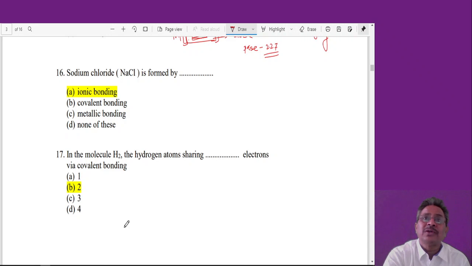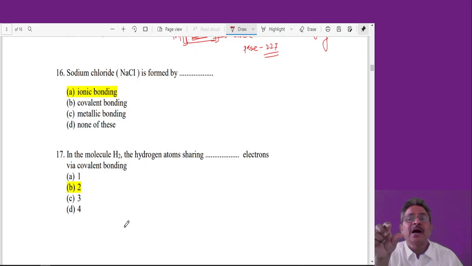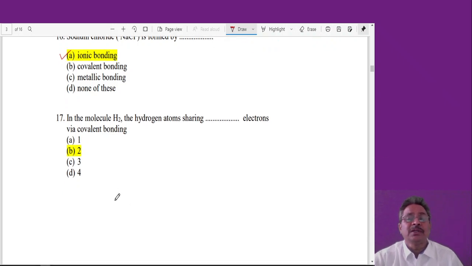Now, one of the electrons in the last orbit of the sodium is given to the chlorine, it becomes a negatively charged ion, whereas sodium becomes a positively charged ion, and such an ionic bond is formed between these two elements, and that forms one molecule of NaCl. And once this molecule is formed, then a crystal of NaCl is formed, which is a simple cubic crystal, and therefore ionic bond is the solution of this question number 16. That is the correct answer. So, sodium chloride is an ionic compound, and therefore ionic bonds are formed there, whereas covalent bond and metallic bonds are different things, which are not the correct answer here.